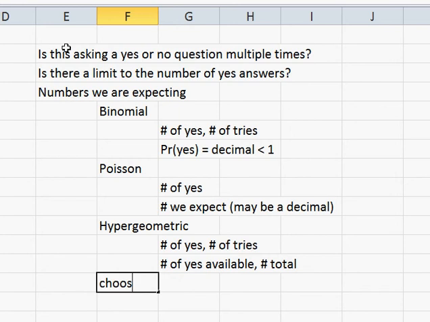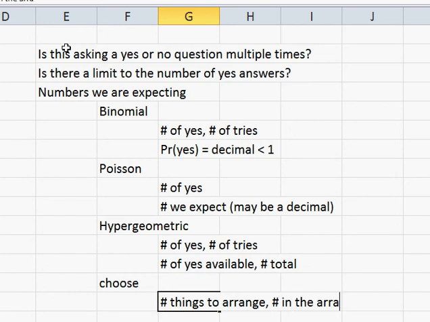The last is choose, and that uses two numbers, and you're not finding a probability, you're finding a combination, so it's going to be the only model that gives you results bigger than 1. And so you get the number of things to arrange, and then the number in the arrangement.